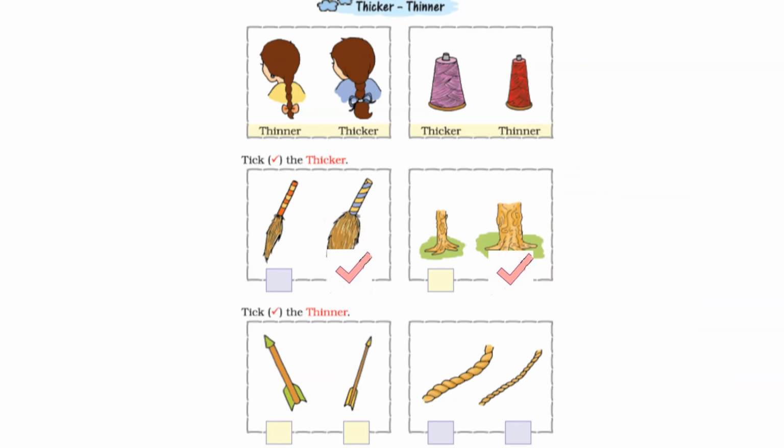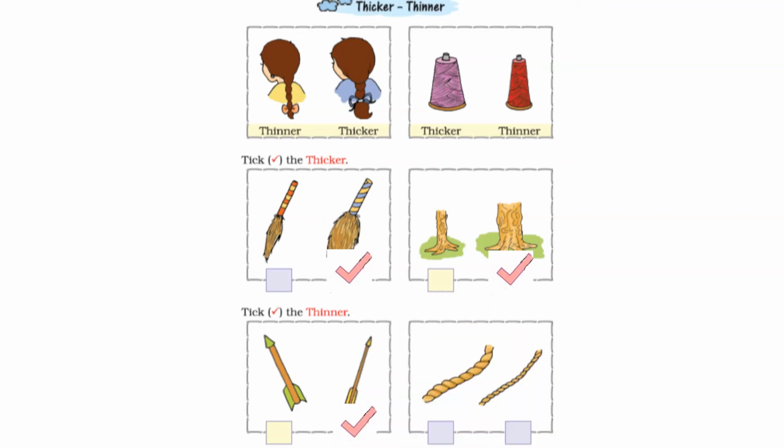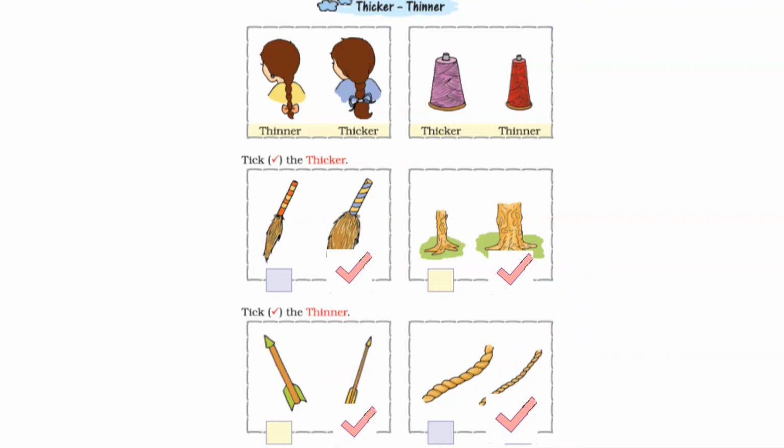Two bows are there. They have asked the thinner one. The right one is thinner, right? Next, two ropes are there. They have asked the thinner one. The right one is thinner, right?